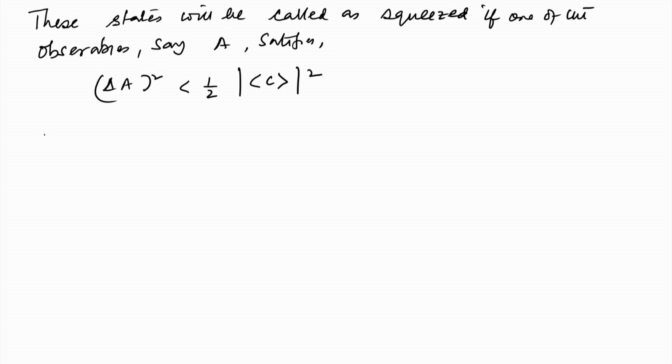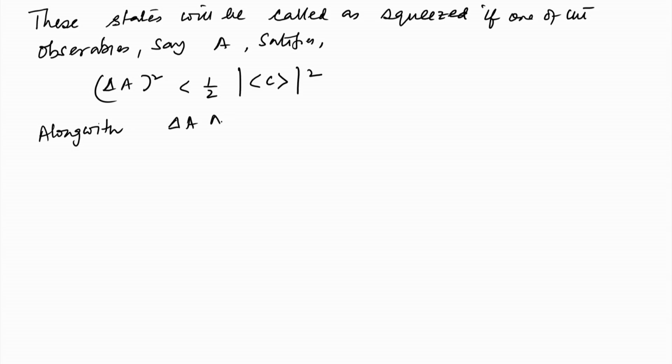So a state can satisfy a minimum uncertainty condition but may not satisfy the squeezed condition as written here. But for a squeezed state to occur, this condition has to be satisfied along with what we have just said.